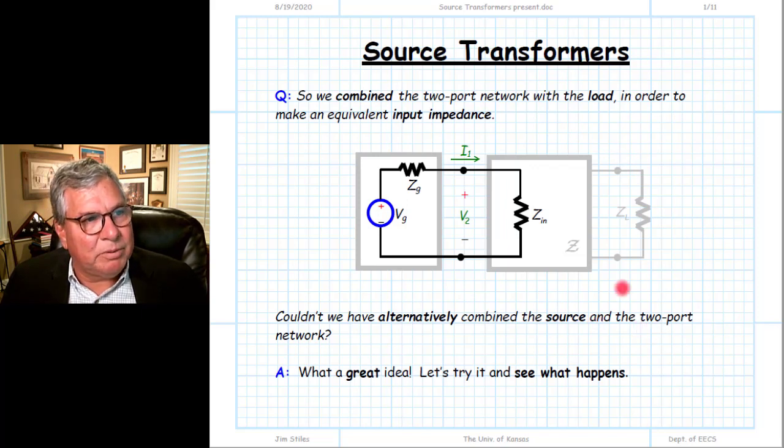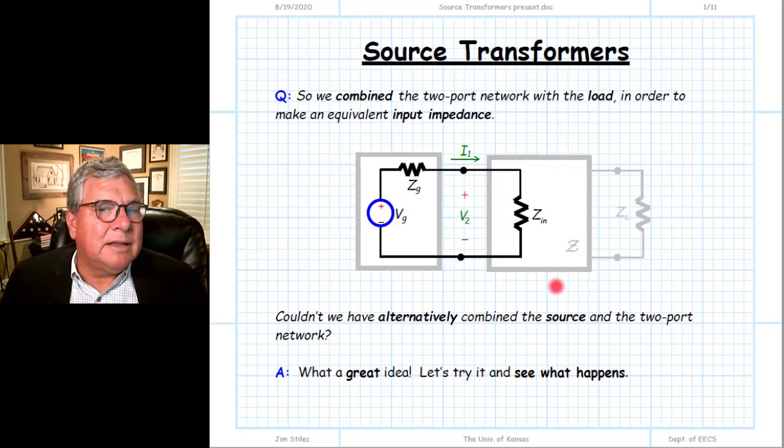To the left of this port plane, we have two devices. We have our original Thevenin equivalent, and we have our two-port device. And so now we're going to combine those two things together.